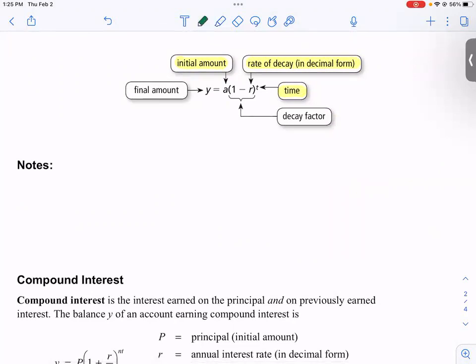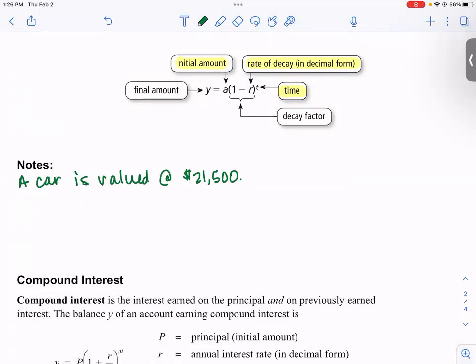Okay. So, for example, let's say you buy a car for $21,500. That's a pretty expensive car. Actually, not really. That's pretty cheap.